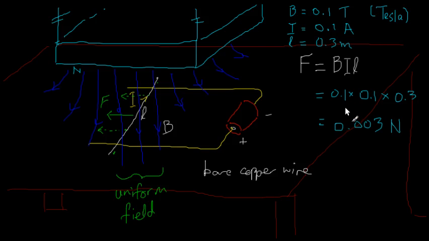And I will also explain later how you could actually use this formula as a way of measuring magnetic field strength, because with this formula, it gives us a way of measuring the magnetic field strength just by measuring the force.